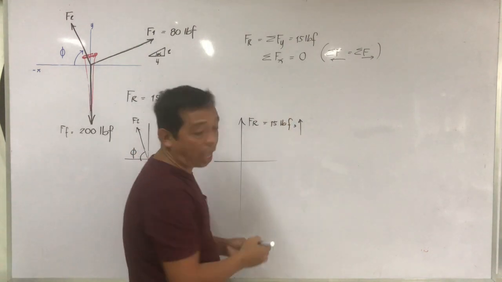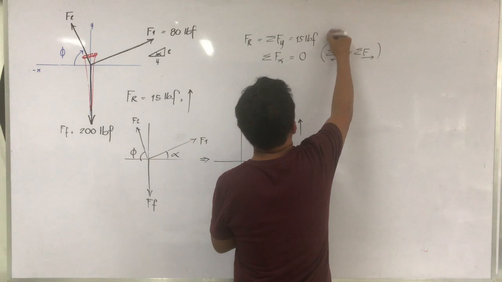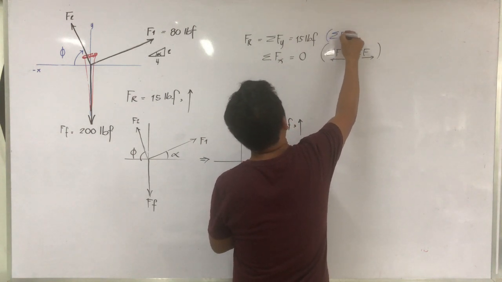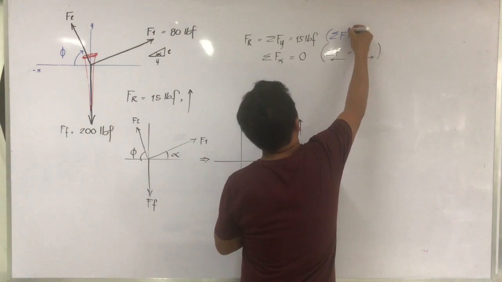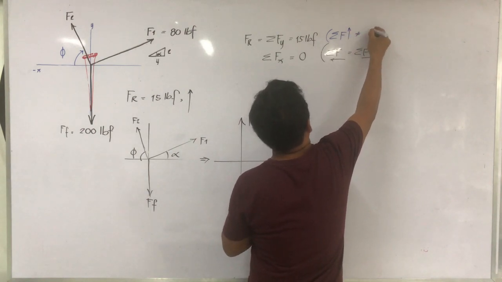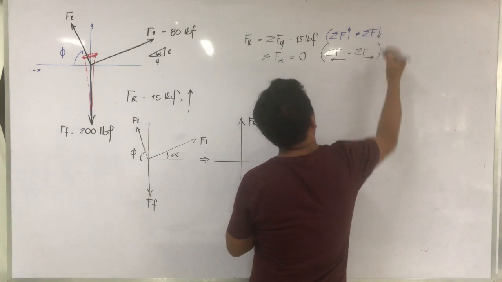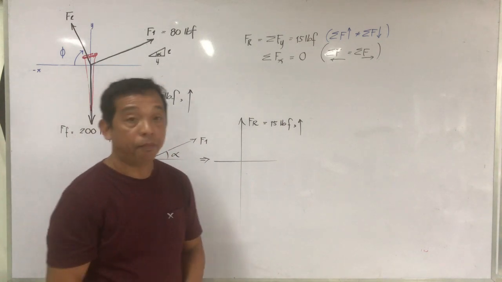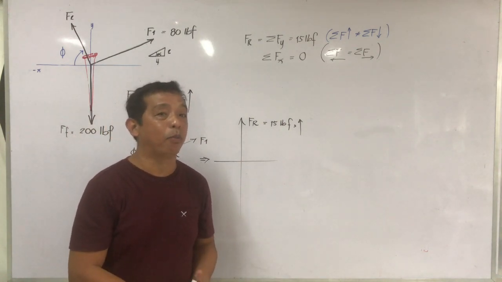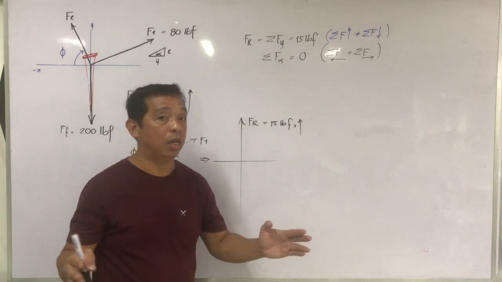Samantalang doon sa taas, lahat ng forces mo pataas ay hindi equal sa lahat ng forces mo pababa. Bakit hindi equal? Kasi nagkaroon ng resultant na vertically upward at walang resultant na horizontal.